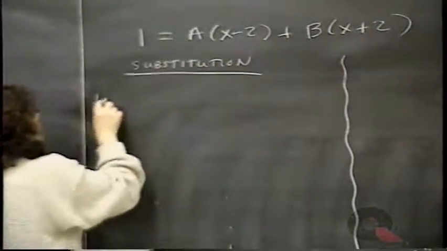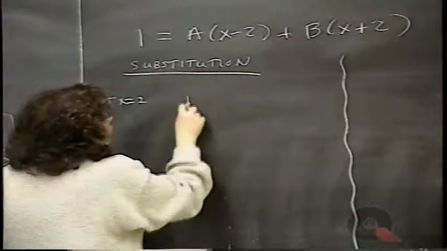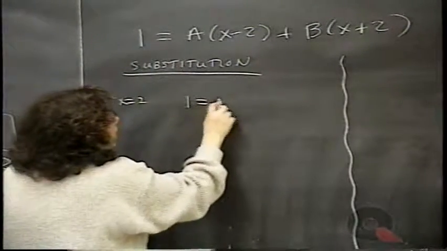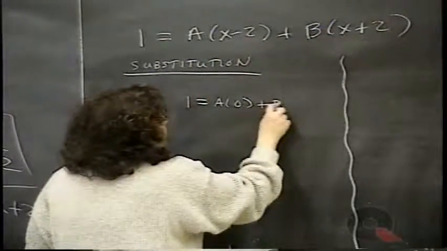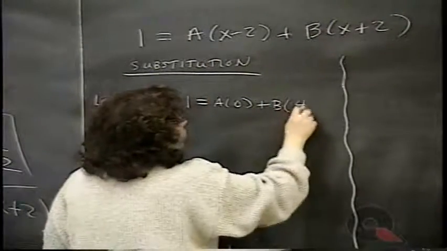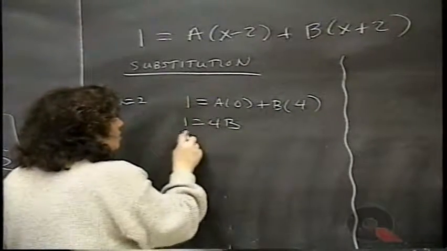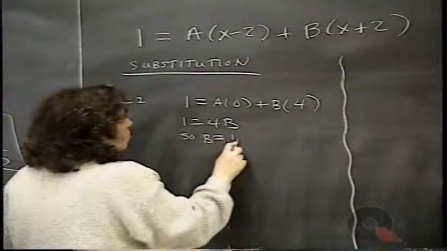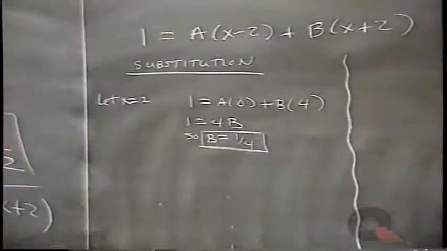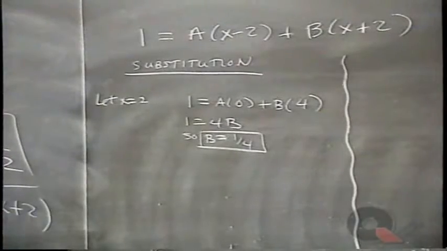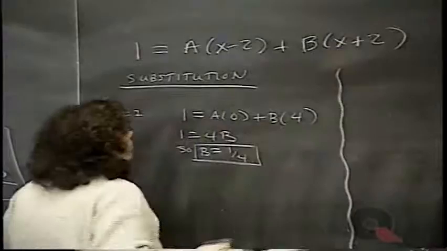For example, we can let x equal 2. If we let x equal 2, we get that 1 is equal to A times 0, since 2 minus 2 drops out, plus B times 2 plus 2, or 1 is equal to 4B, from which we see that B is equal to 1/4. Picking another convenient value for x, of course, we're going to pick x equals minus 2, because that's going to make this term disappear.